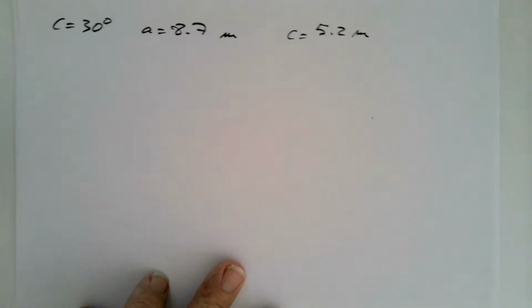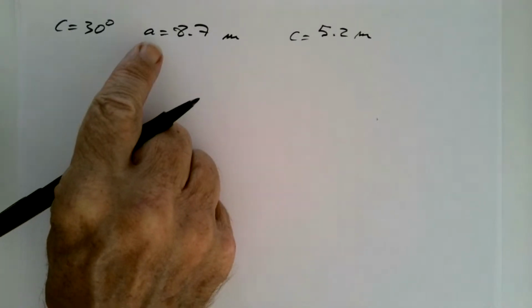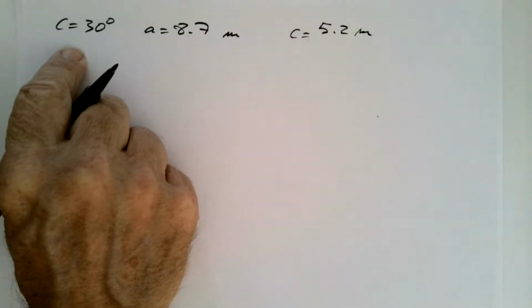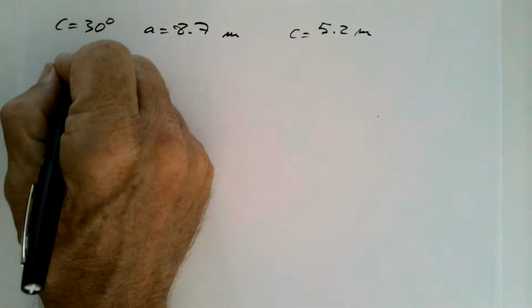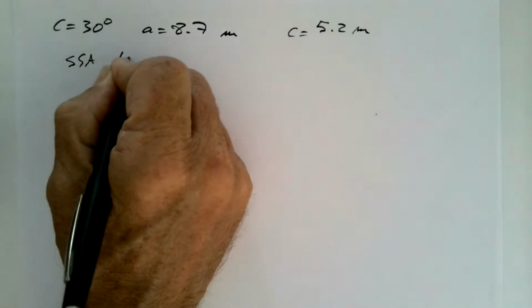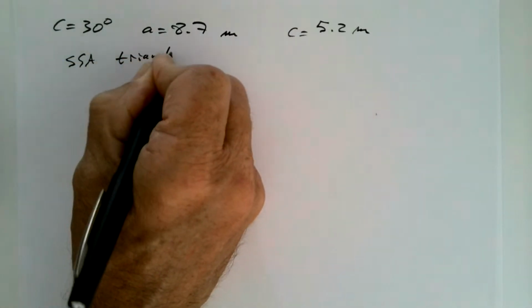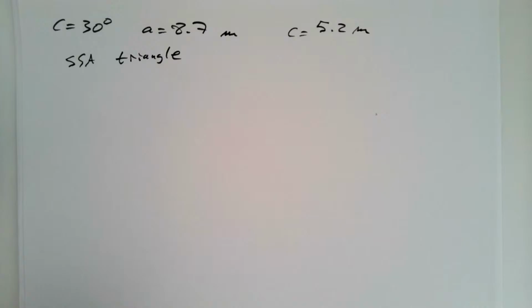Now, if this were sides a, c and angle B, it'd be SAS, but currently this is an SSA triangle. That's dangerous. That could have one solution, could have two, it could have none. So we've got to look to see where this is going to go.